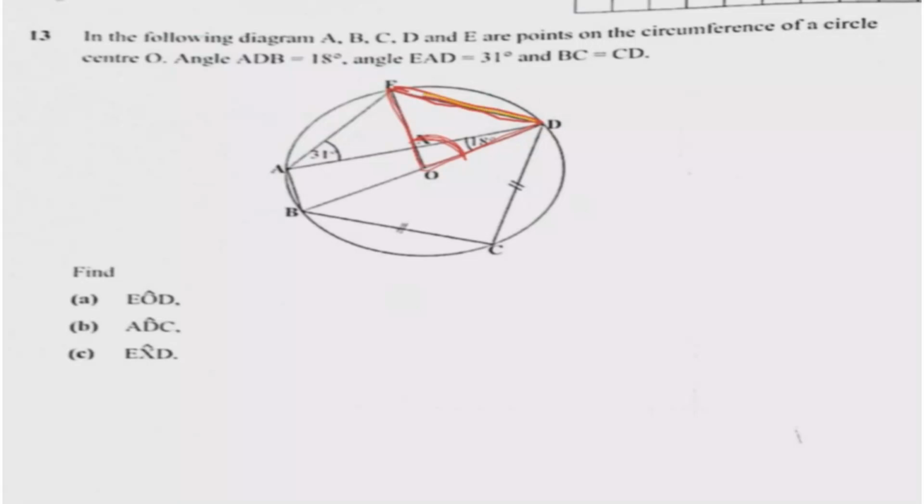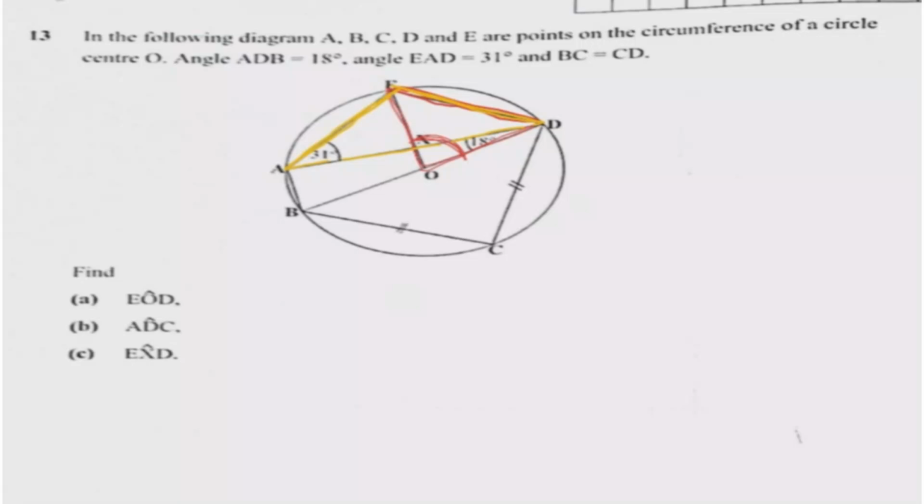This chord has angles on the circumference as well. The angle we want to find is at the center. So the property we're going to use is that the angle at the center is twice bigger than the angle at the circumference.